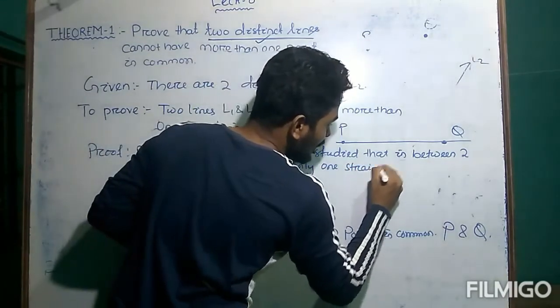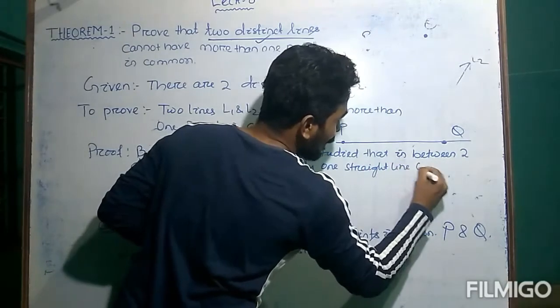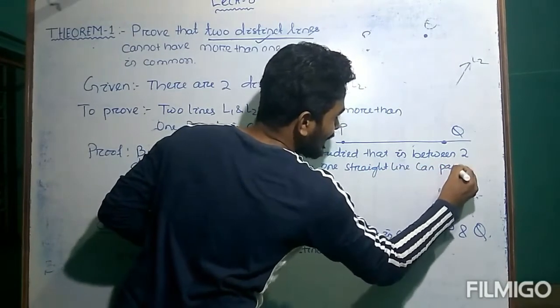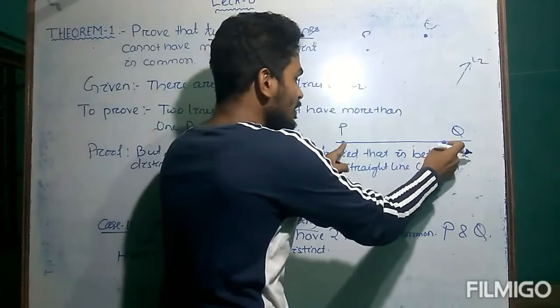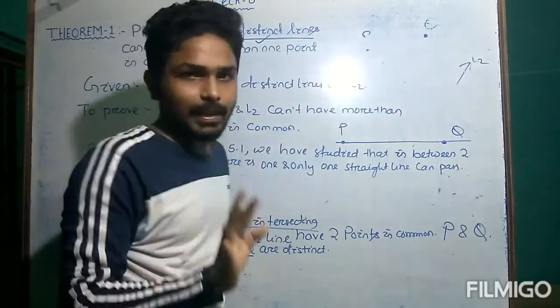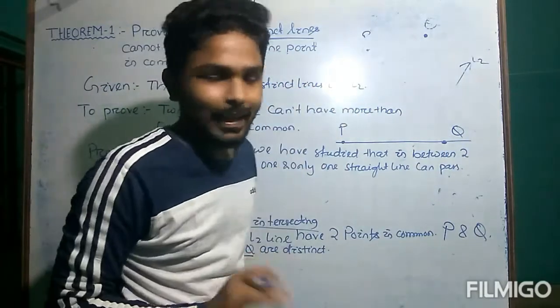Only one straight line can pass. So through these 2 points you can draw only one straight line, not more than one.